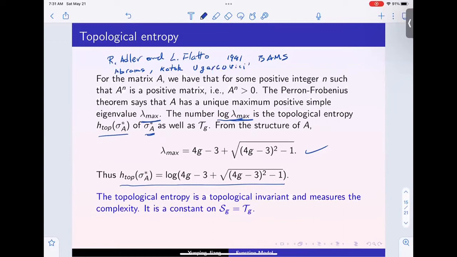That's a topological invariant, so topological entropy is a topological invariant. It measures how complicated the simple closed geodesics wrap on the Riemann surface. So it is a constant on the Teichmüller space, right?